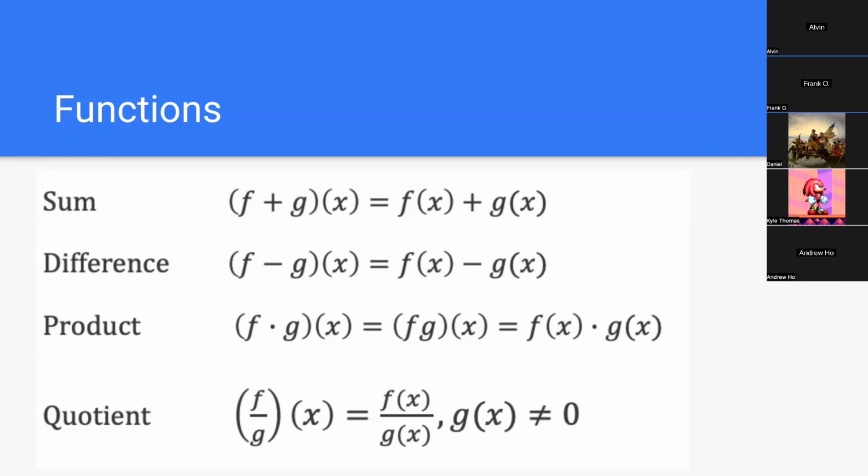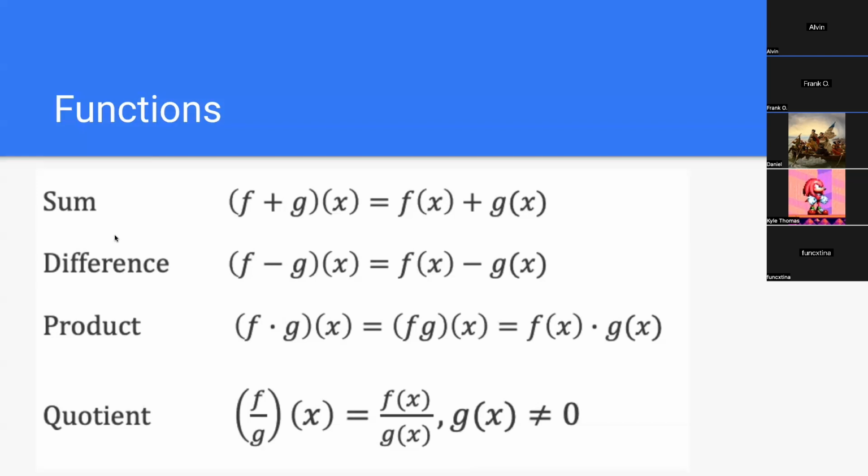So f plus g of x is equal to f of x plus g of x. I'll give examples of those after, but these are just the rules. I would highly recommend that you write it down. The difference: f minus g of x is equal to f of x minus g of x.